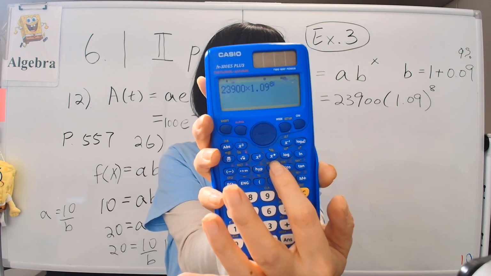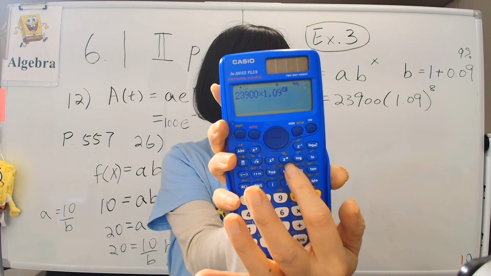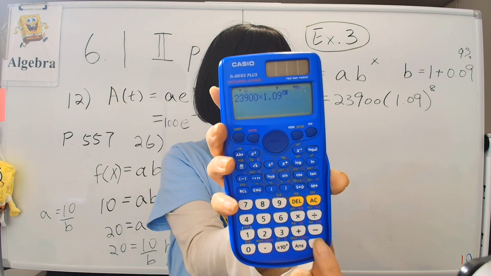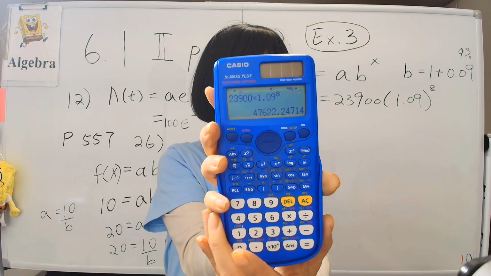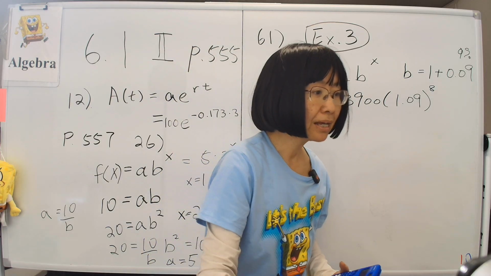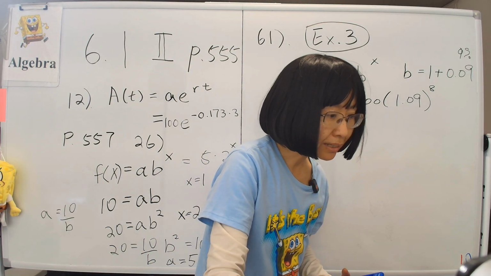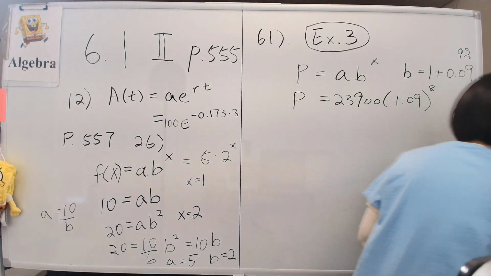Your calculator should have something similar. Sometimes they have different symbols, but they mean the same thing. Anyway, you type all that in, and that should be okay. So I got 47,622 foxes. That is problem 61. Let me check the answer here, and it is correct. So that's that.